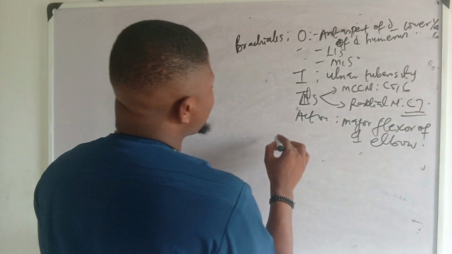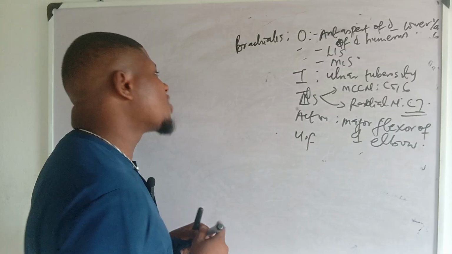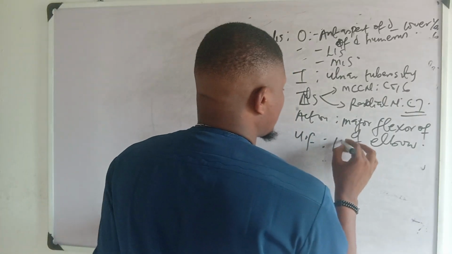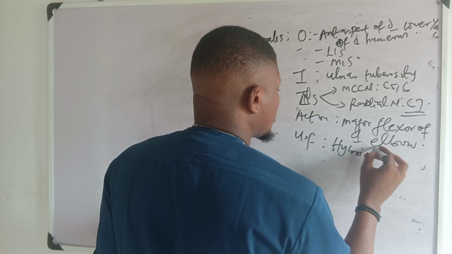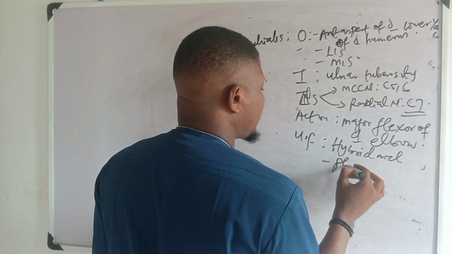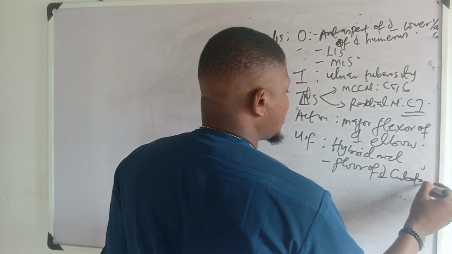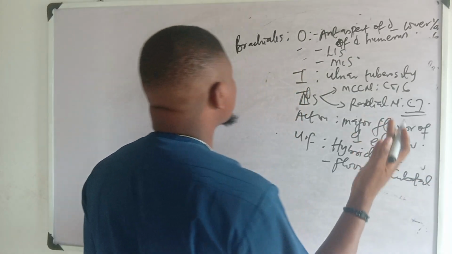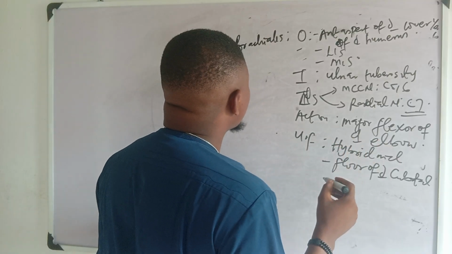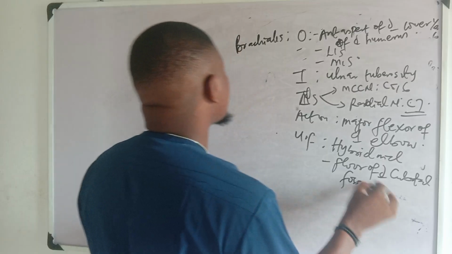Then unique feature: it is a hybrid muscle, the hybrid muscle of the arm. Remember, it forms the floor of the cubital fossa together with the supinator. We see brachialis above, superficial, then supinator deeply, forming the floor of the cubital fossa.